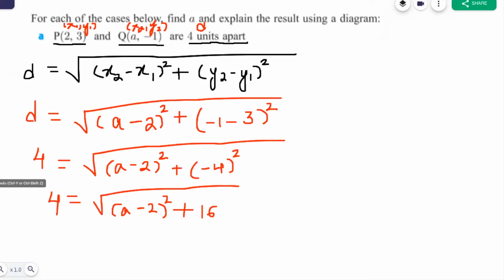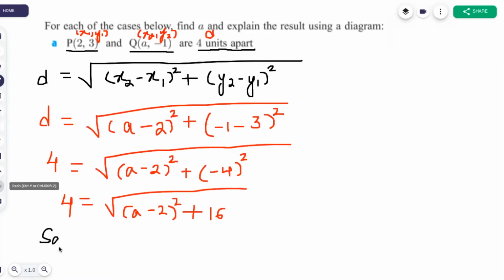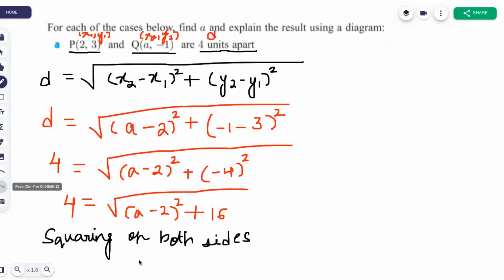I want to get rid of this square root. So squaring on both sides, I want to get rid of this square root for me to solve this question further. So squaring on both sides, I will get 4 square is equal to, I'm just going to square both sides.